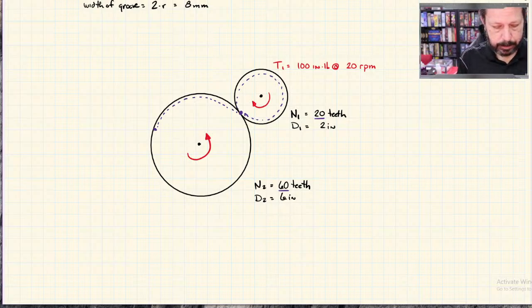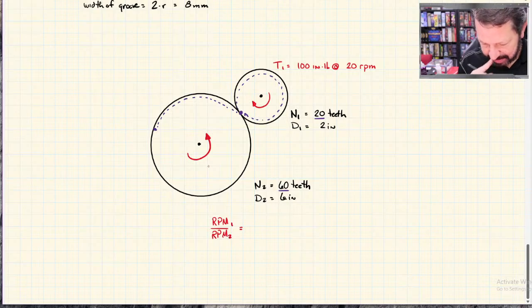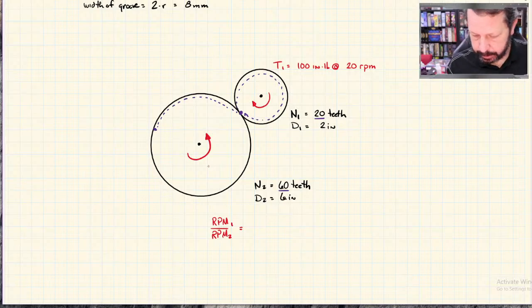So 20, well, let's see. Let's do the math. RPM of gear 1 to RPM of gear 2 is equal to the ratio of, there are 20 teeth on gear 1 and 60 teeth on gear 2.